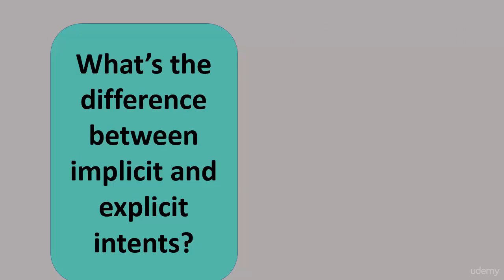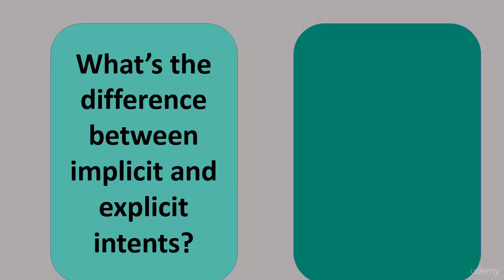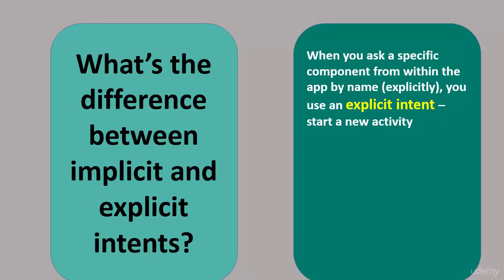What's the difference between implicit and explicit intents? When you ask a specific component from within the app by name explicitly, you use an explicit intent. The most common example is the intent when you start a new activity.